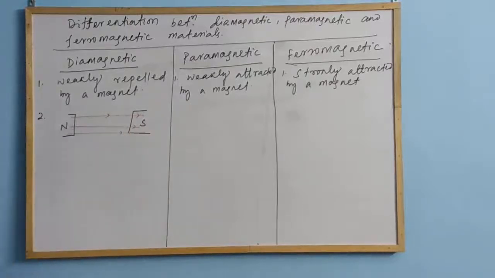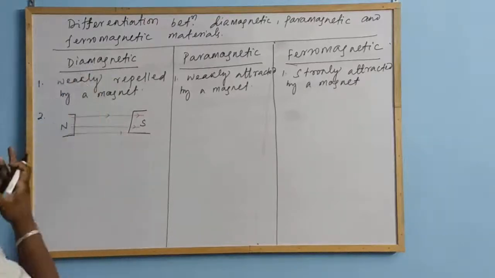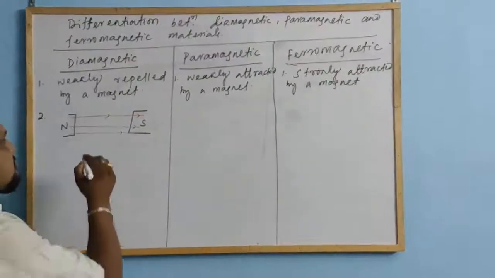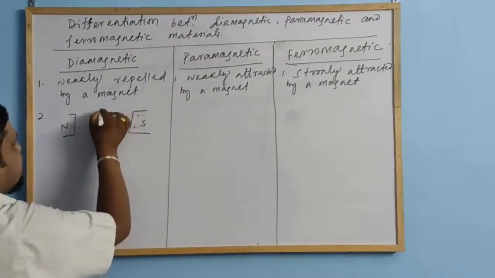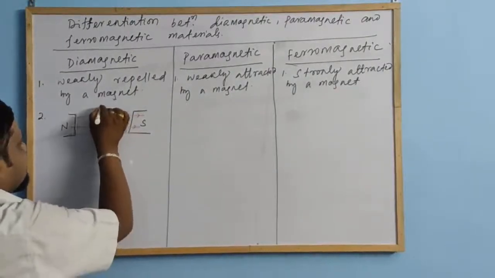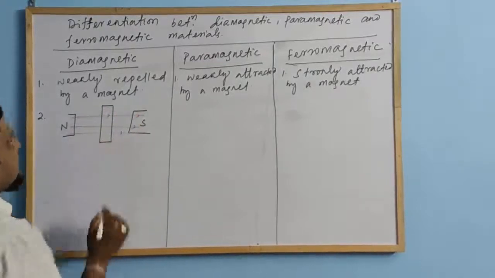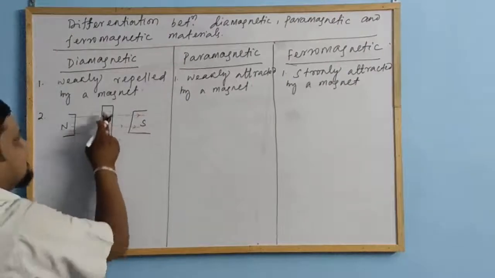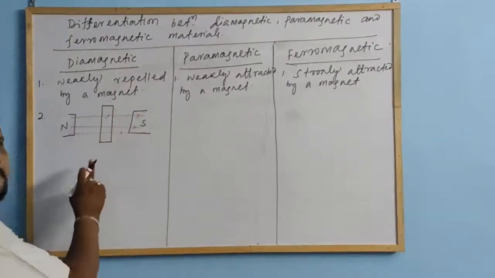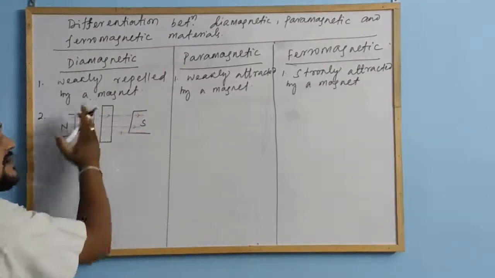And if I place a rod-shaped diamagnetic material, freely suspended, in a rod shape, its long axis will be perpendicular to the magnetic field. It freely oscillates and then comes to rest.